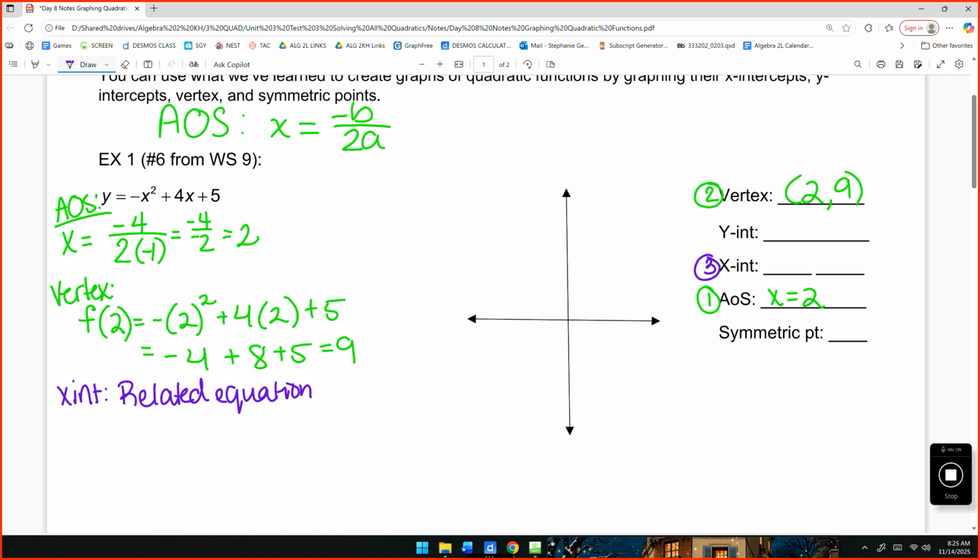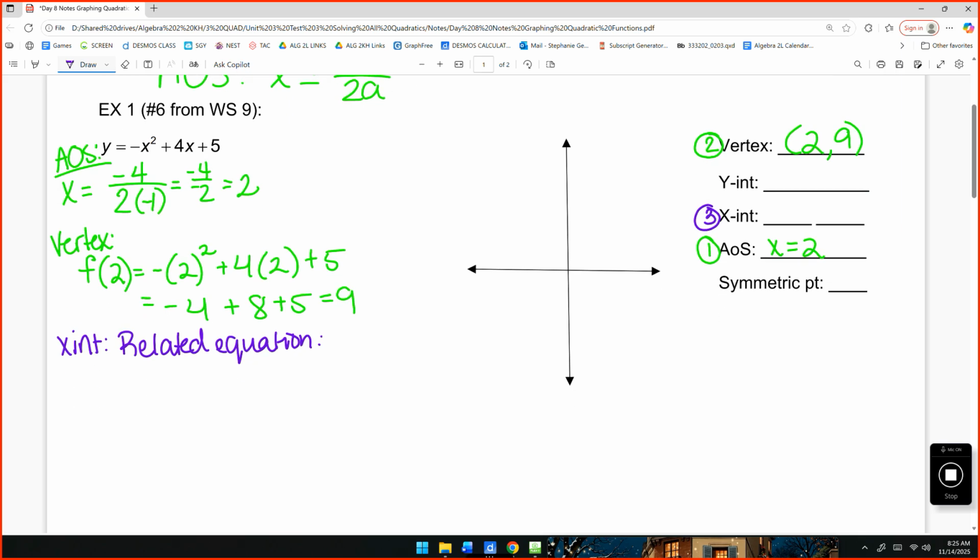Well, any x-intercept is when y is equal to 0, so I'd be solving the equation 0 equals -x squared plus 4x plus 5.